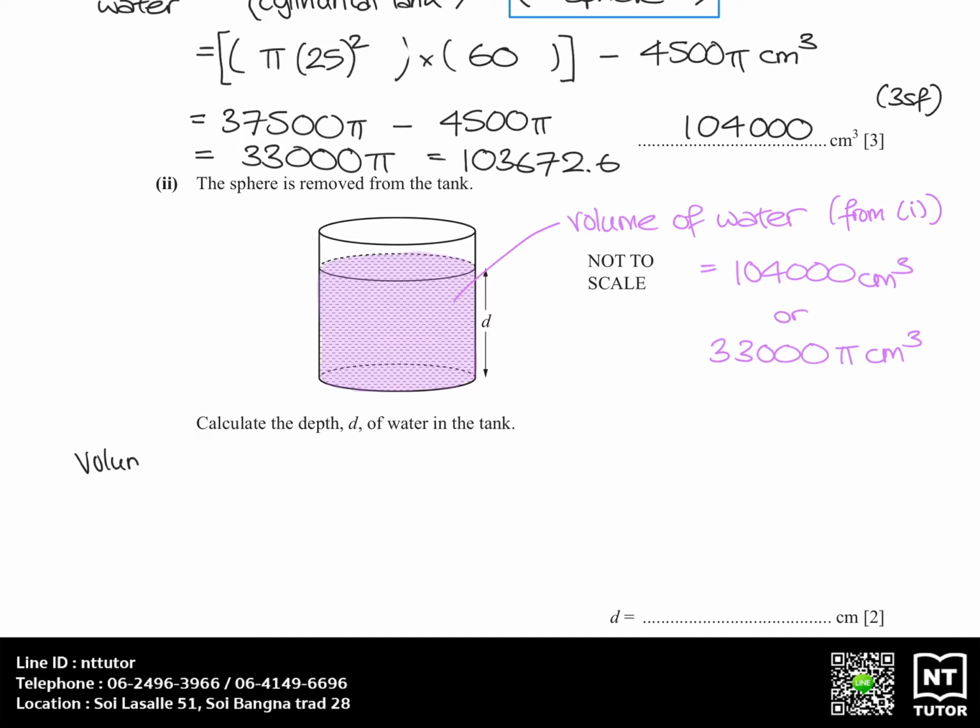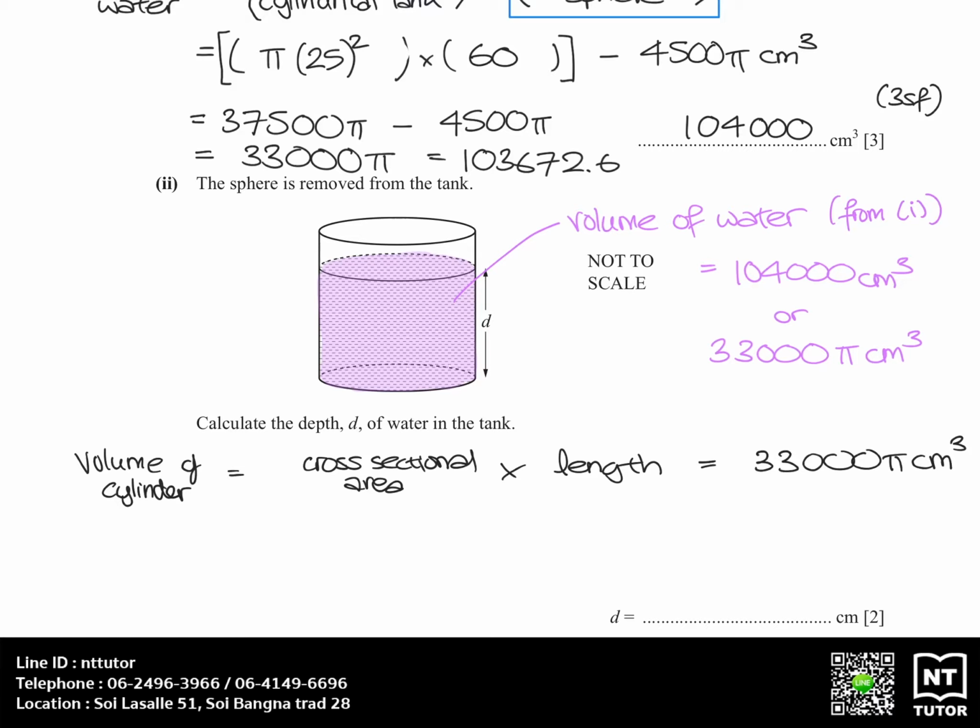This means that the volume of the shaded cylinder in the diagram, which is cross-sectional area multiplied by length, should equal 33,000 pi. And the cross-sectional area is just the same as in part 1 because the radius is still the same. So the cross-sectional area is pi r squared, where r equals 25, and the length is equal to d.